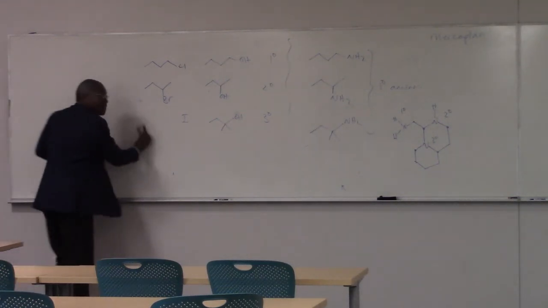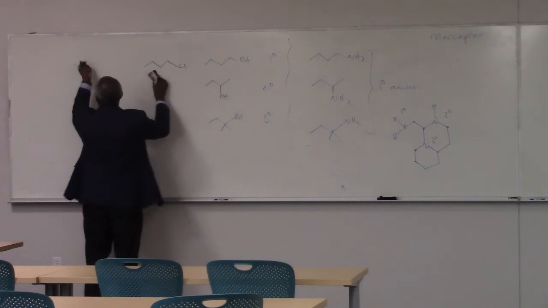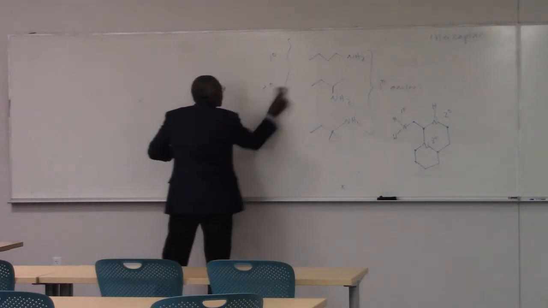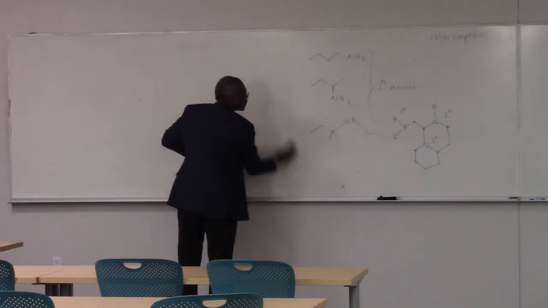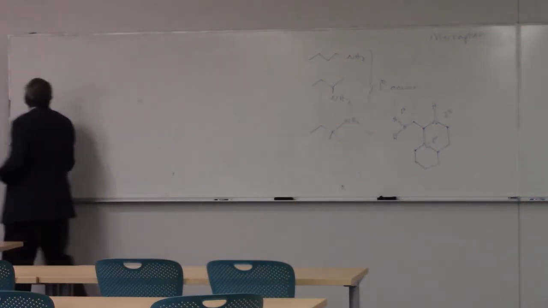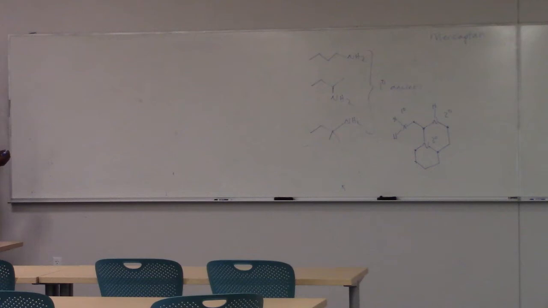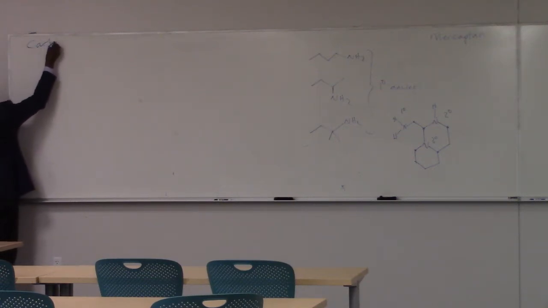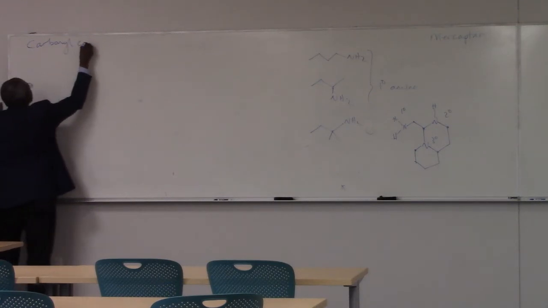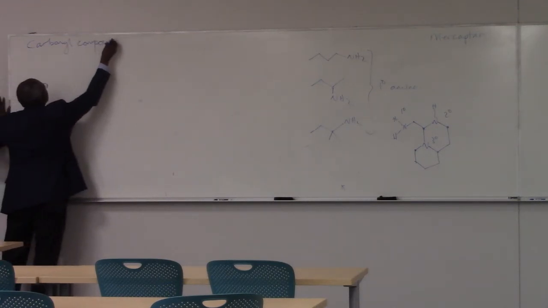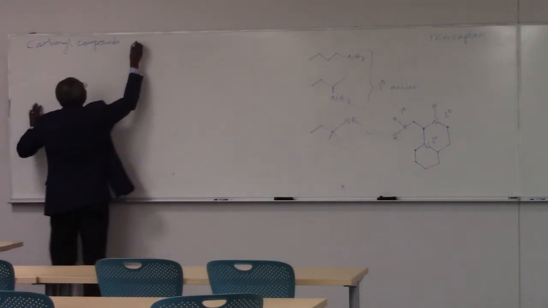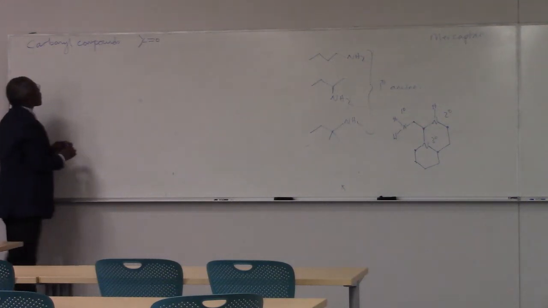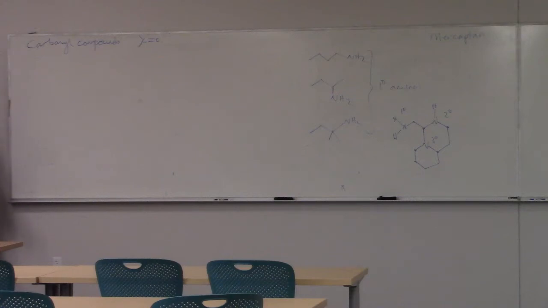We're nearing the end of our functional groups. And we could look at compounds that have, these are carbonyl compounds. These are compounds having a C double bond O. So carbonyl compounds have a C double bond O group.